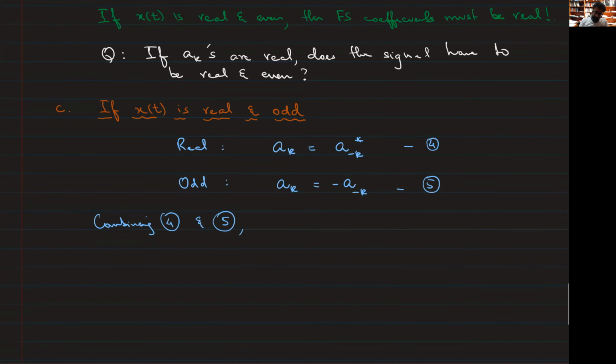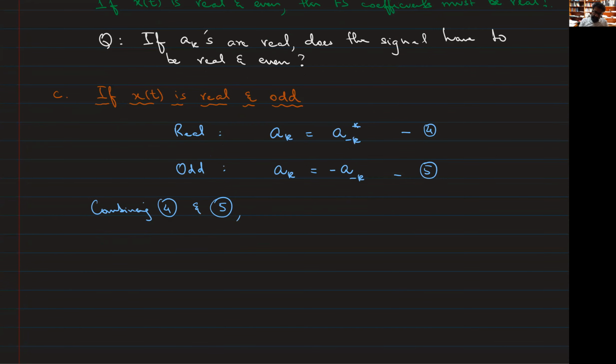Combining 4 and 5, we get a_k must be equal to minus a_{-k} conjugate, so a_k equals minus a_k conjugate. For a number to be equal to the negative of its conjugate, the number must have a real part which is 0.